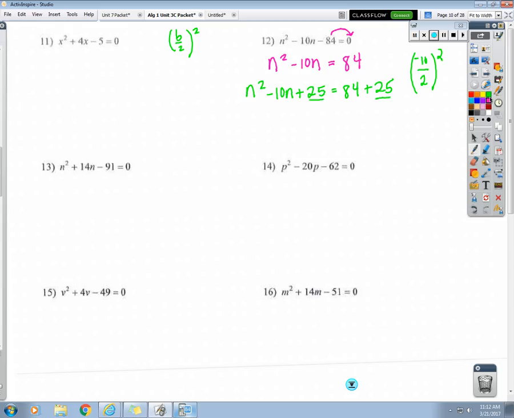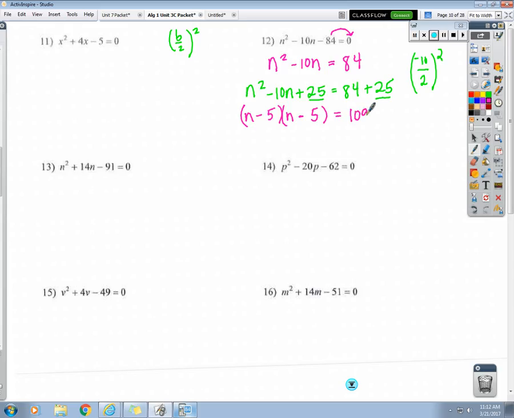Okay, now on the left side, you factor, because now we've created ourselves a trinomial that can be factored. What numbers multiply to 25 and add to negative 10? Both negative 5s. And then on the right side, we just combine like terms. What's 84 plus 25?